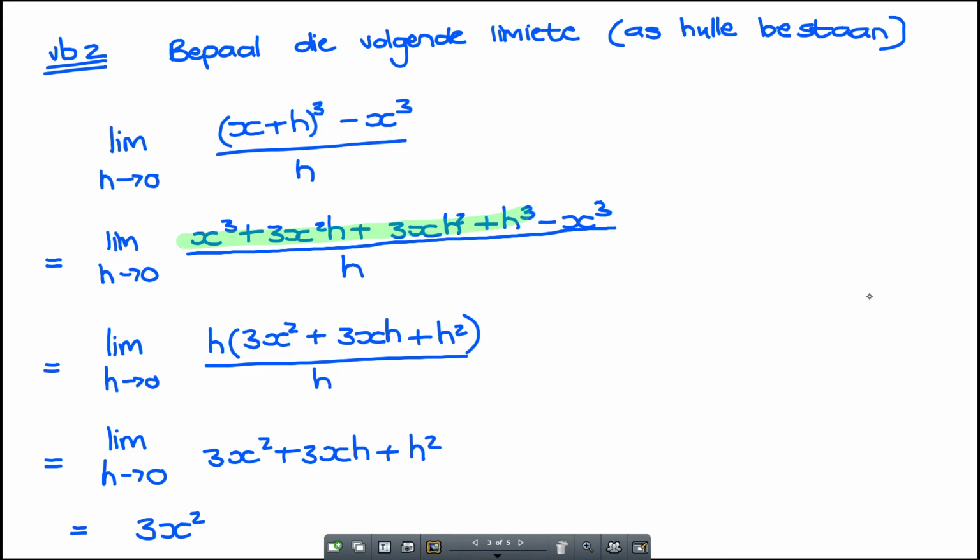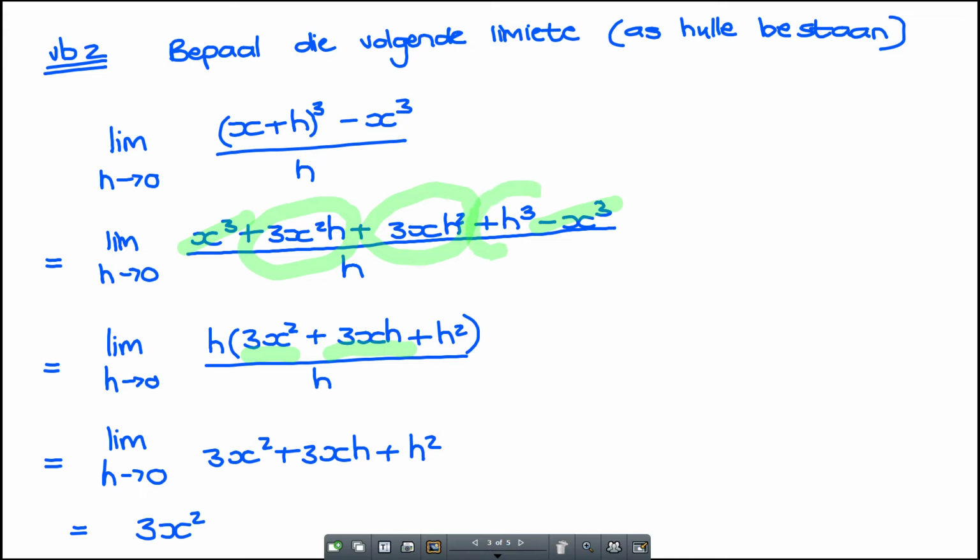Right, then you will see that x to the power 3 minus x to the power 3 will be 0. You guys fine with that? So then this middle part, I can take out a common factor of h. So then over here, I'll have 3x squared left. If I take out h there, 3xh.